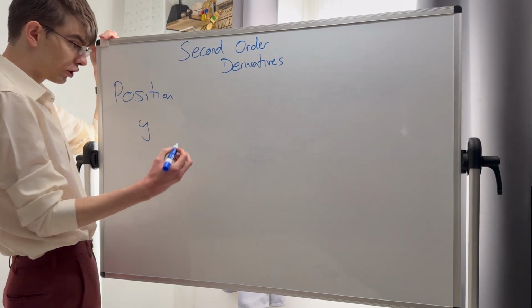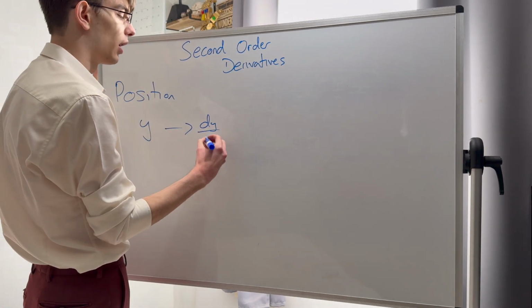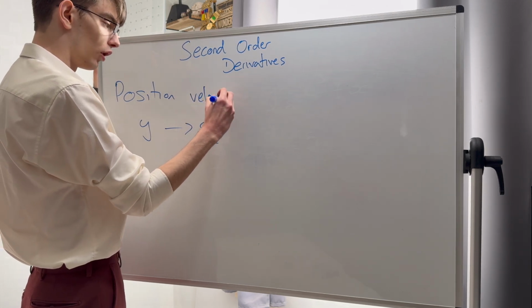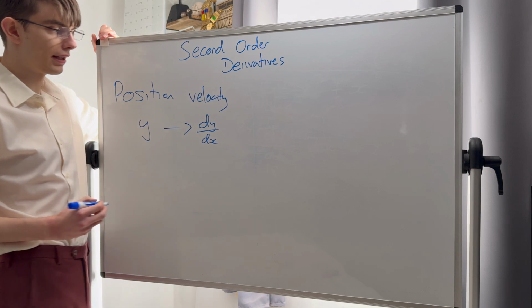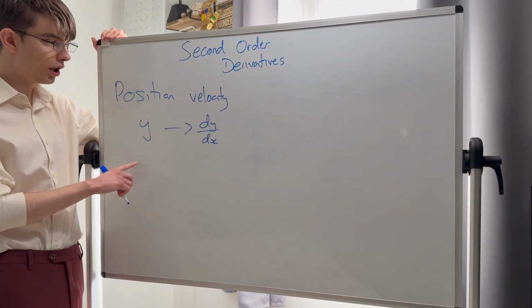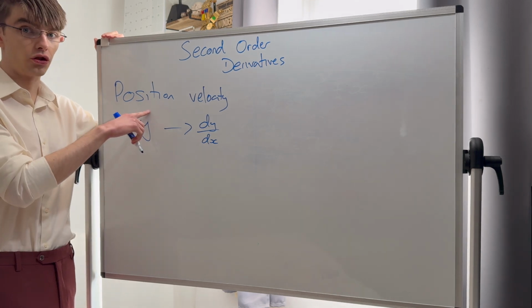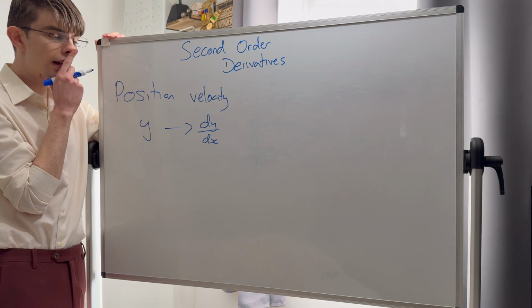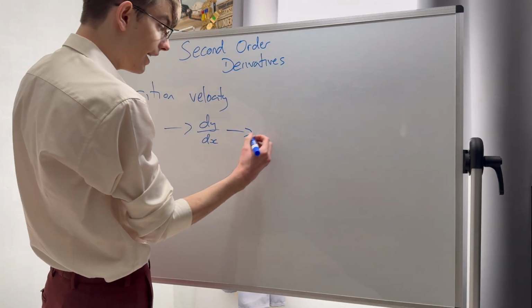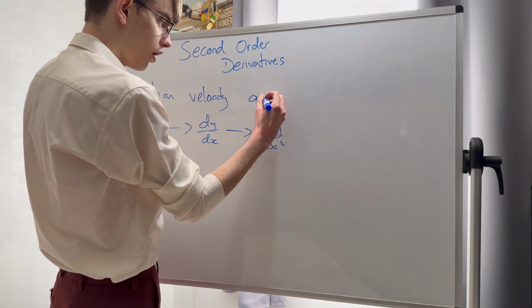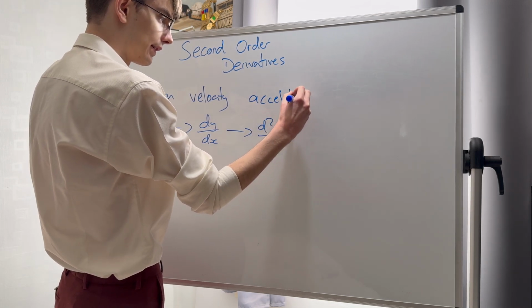If I differentiate this, so I go to dy/dx, then I end up with my velocity. And I'll probably end up making some mechanics videos one day that explain this in more detail. But if I take something's position and I differentiate it, I find out how fast it's going. And then if I differentiate it again, d2y over dx squared, I find out its acceleration.